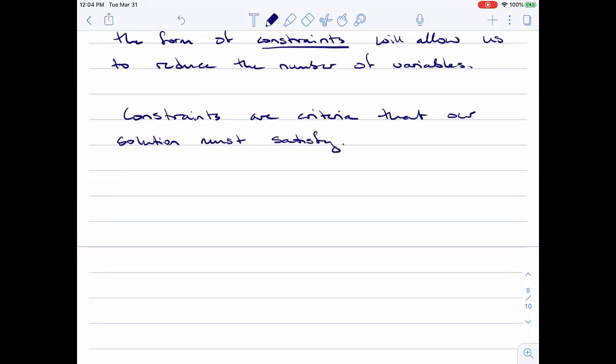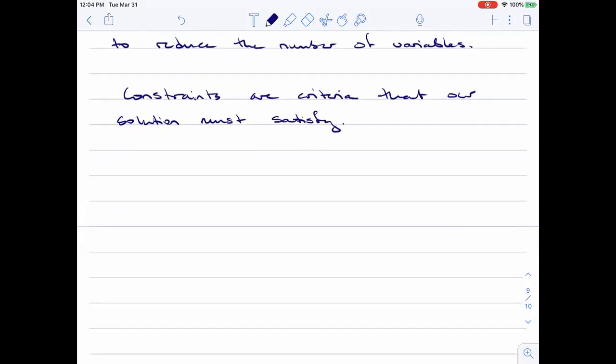A common one that we'll start with is if we have some sort of fencing. This is the most basic problem: you've got a wall here and then you've got fencing, and you want to fence this area. This is the problem we're about to do, just as a quick preview. You've only got so much fencing that you can use, but you want to maximize this area.